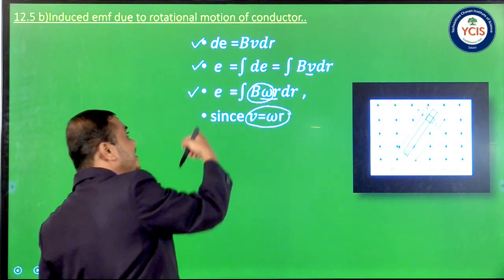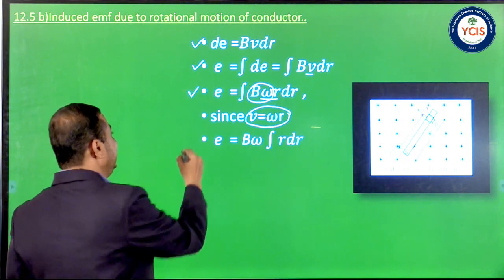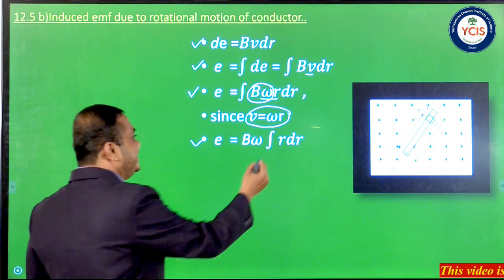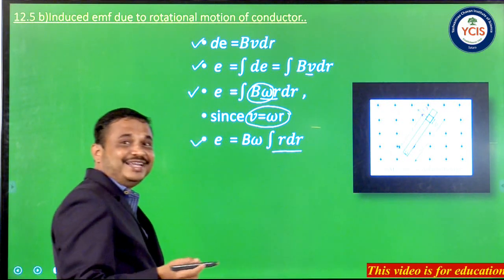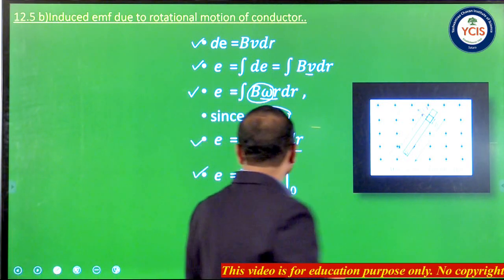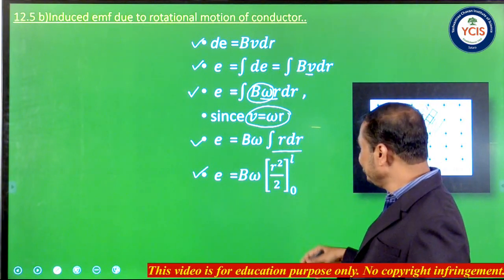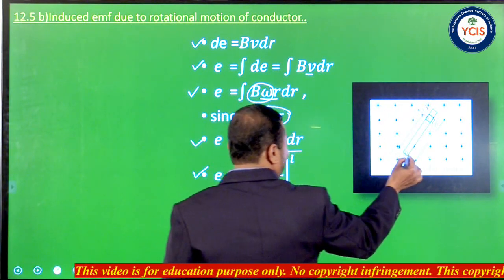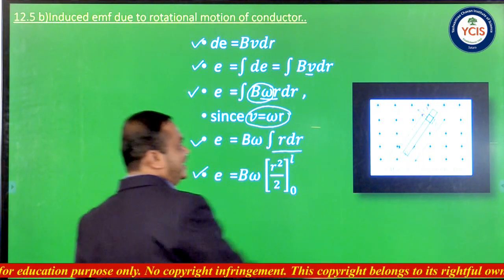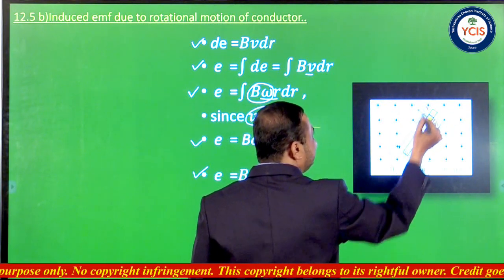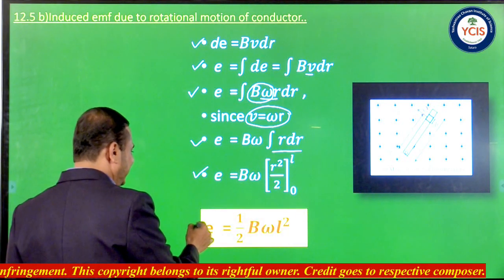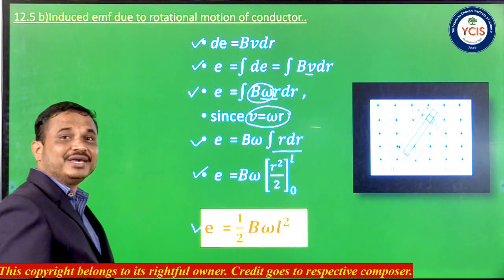So take the constant terms outside the integration, and we get E equal to B omega integral of r dr. We know the integration of r with respect to r is r square by 2, and therefore if we solve that integration we get E equal to B omega r square by 2 with lower limit 0. If this element is situated at the point of pivot, r is equal to 0, and if it is situated at the extreme position, then the upper limit is L. Then solving this equation, we get E equal to half B omega L square.